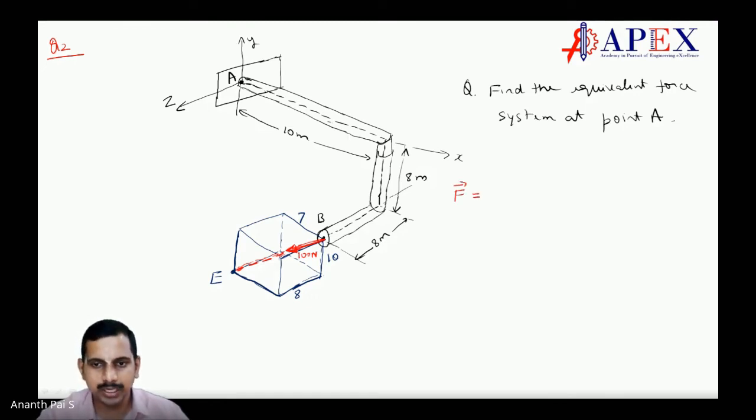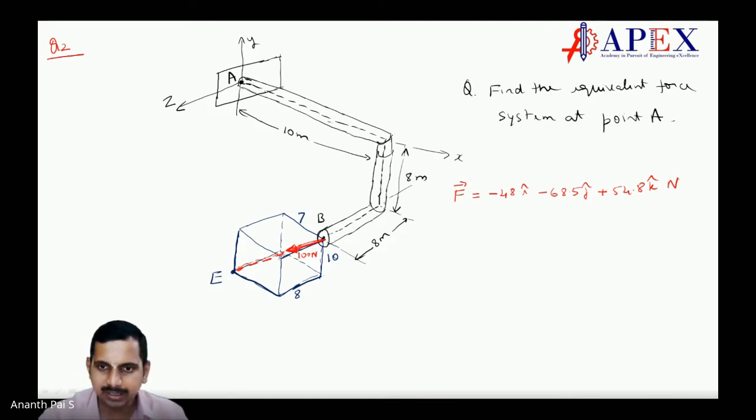See whether you get the force vector as minus 48I minus 68.5J plus 54.8K. If you get this, your first job is done.